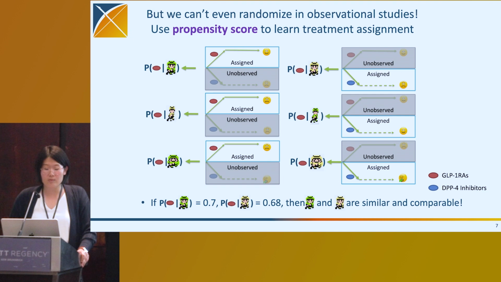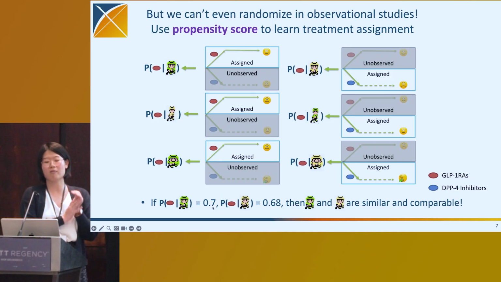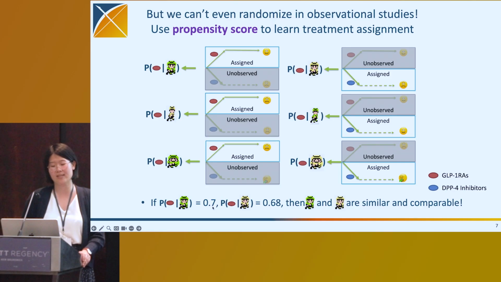If we do, for example, matching on propensity score, in this case, this first green guy who got the red pill, his propensity score, his probability of getting a red pill based on his characteristics at the baseline, is 70%.